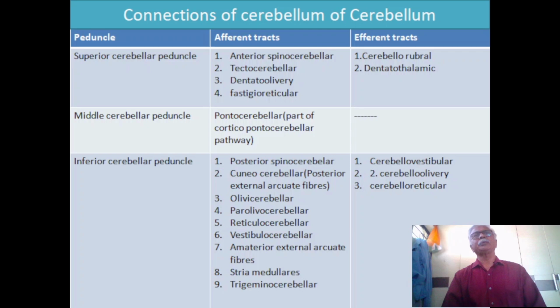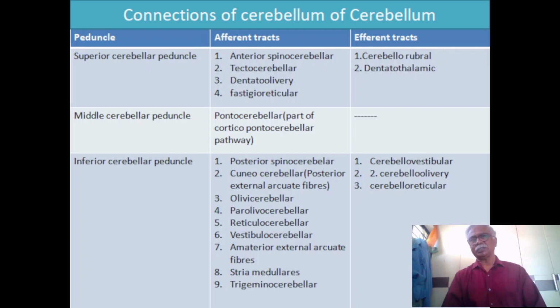The superior cerebellar peduncle receives fibers of anterior spinocerebellar, tectocerebellar, dento-olivary, and fastigio-reticular, while it gives out the cerebello-rubral and dentatothalamic fibers. The middle cerebellar peduncle is purely afferent in nature. It receives fibers only from the pons, and the fibers are part of the cortico-ponto-cerebellar pathway.